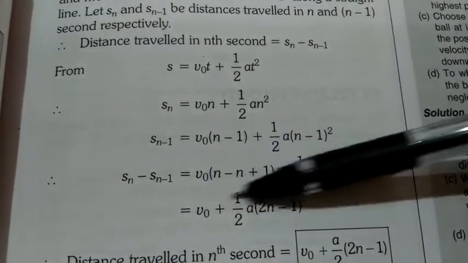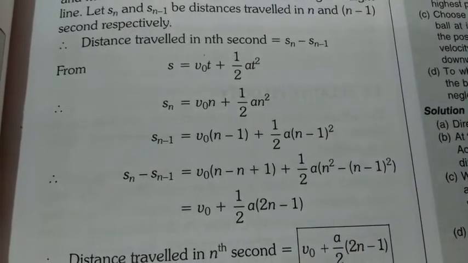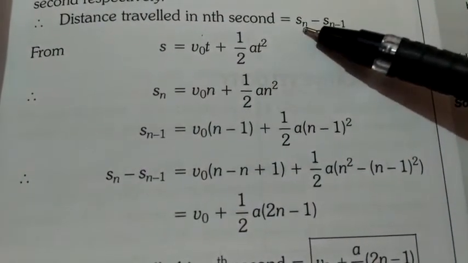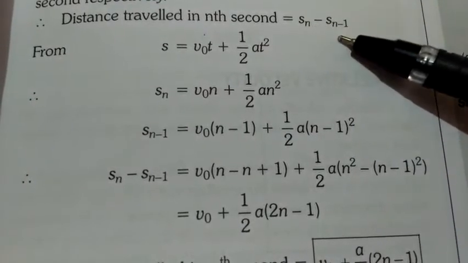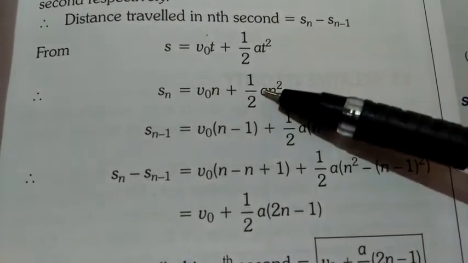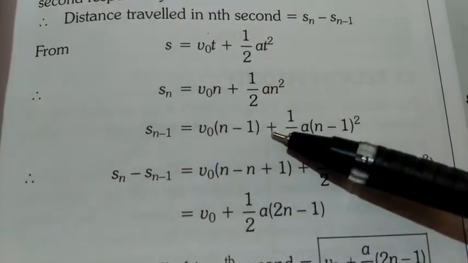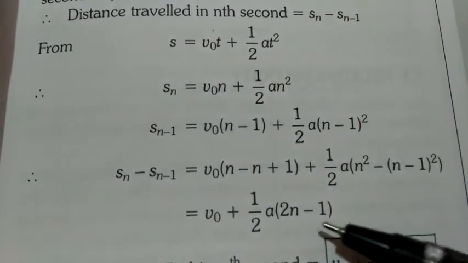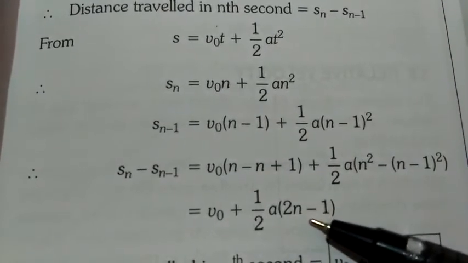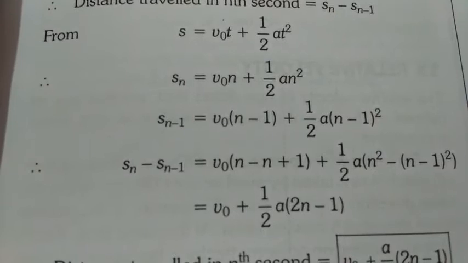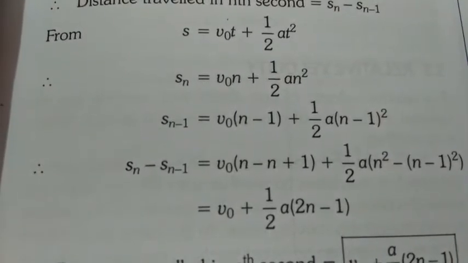First you see here this is the formula Sn minus Sn minus 1, in which we have to put Sn's value and Sn minus 1's value. After solving this, we will get our final equation: v0 plus half a, in bracket, 2n minus 1.